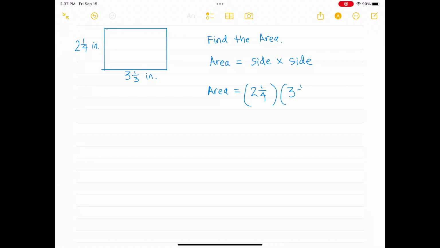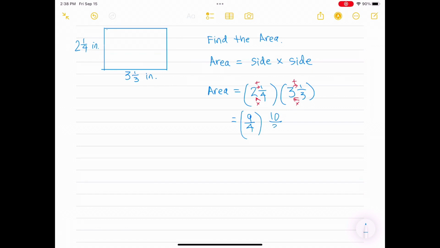To do this multiplication, we must convert the mixed numbers to improper fractions. 2 1/4 becomes 9/4, and 3 1/3 becomes 10/3.